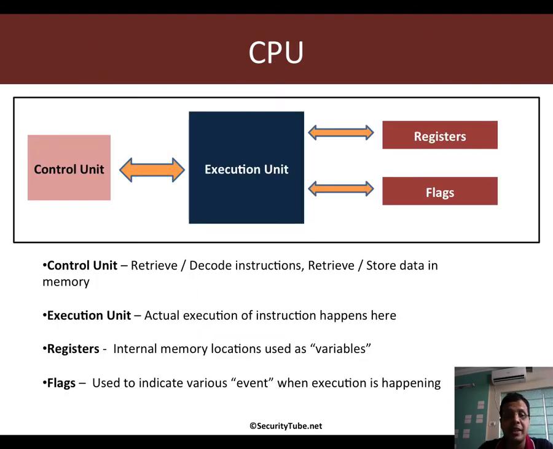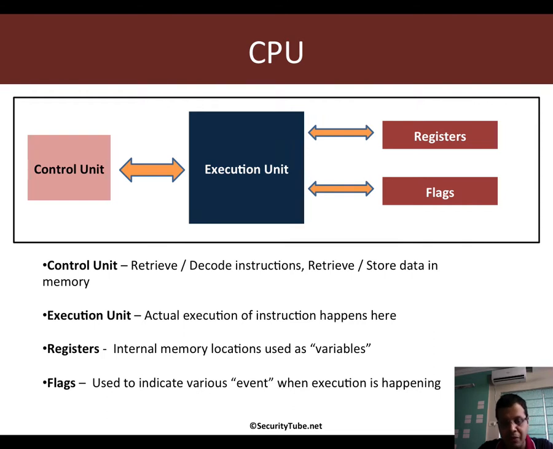So if I were to extrapolate the CPU further, I would logically break it up into first the control unit, and the job of the control unit is to retrieve and decode instructions as well as data.